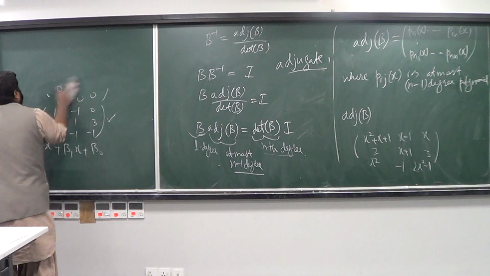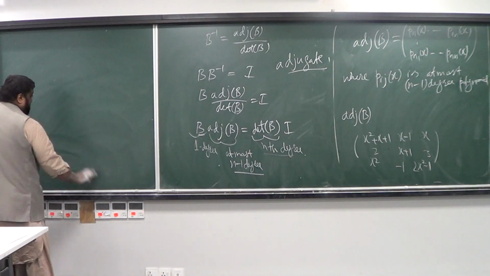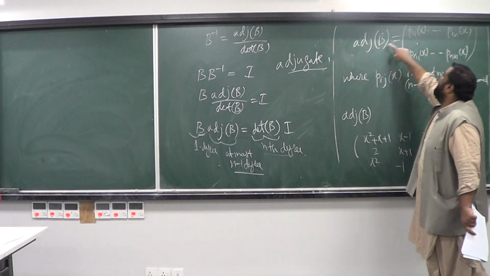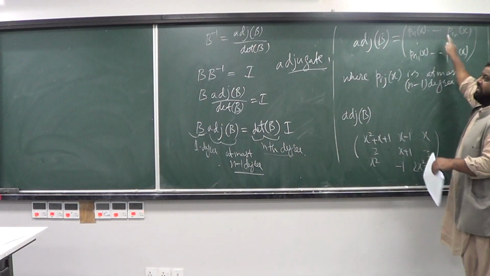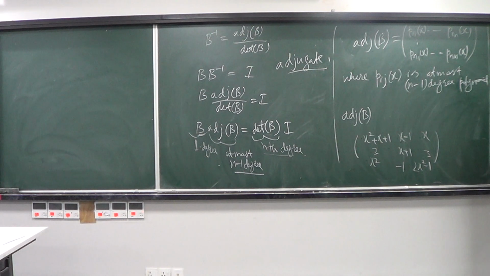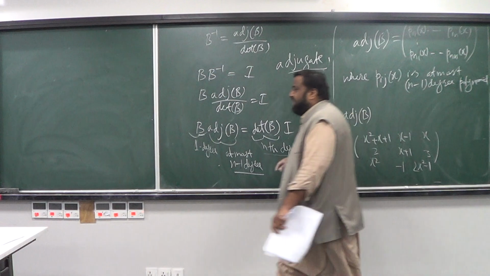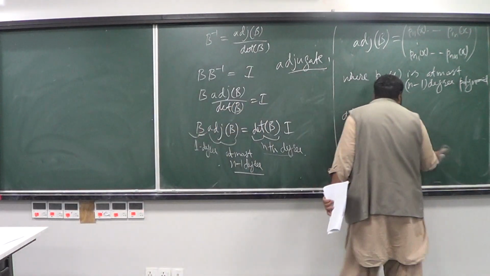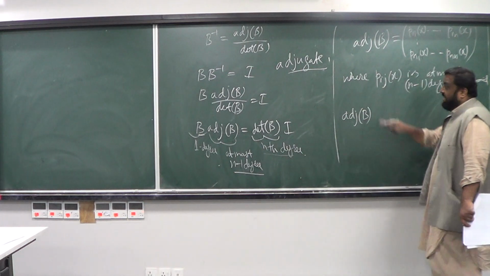Now here's the interesting thing. If adjoint of B comprises of n-degree polynomials, then I can also write it in the matrix form as I just mentioned.